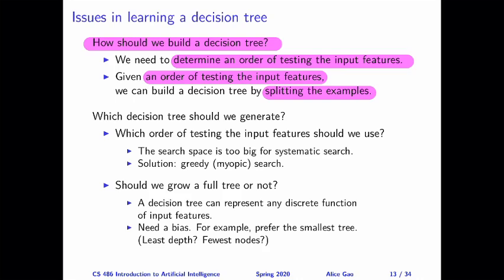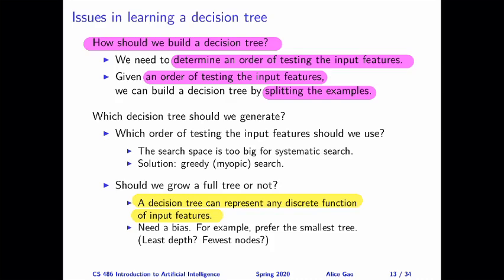You might be wondering how many possible trees there are. It turns out a decision tree is a very, very powerful model in the sense that it can represent any discrete function of input features. And given a set of input features, there are a lot of such discrete functions.